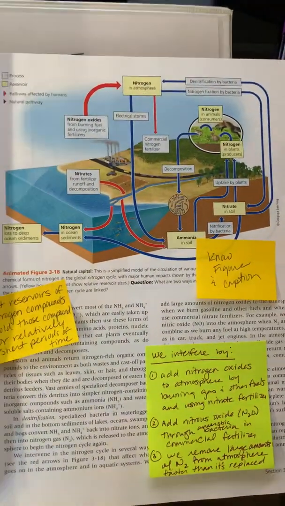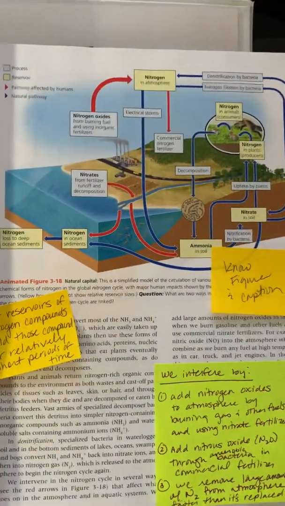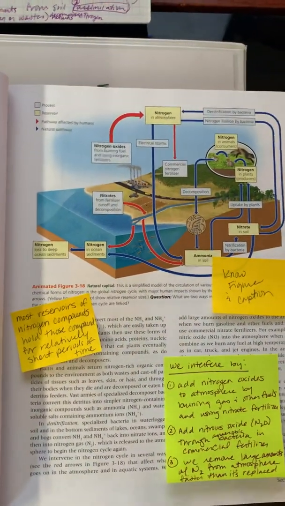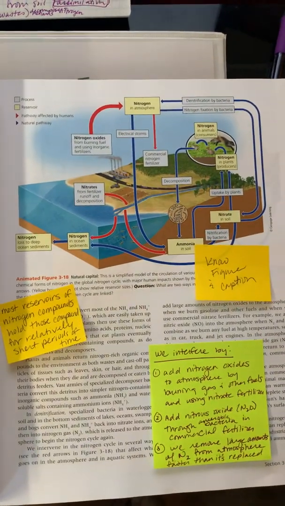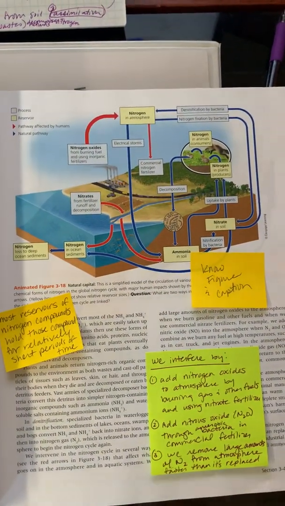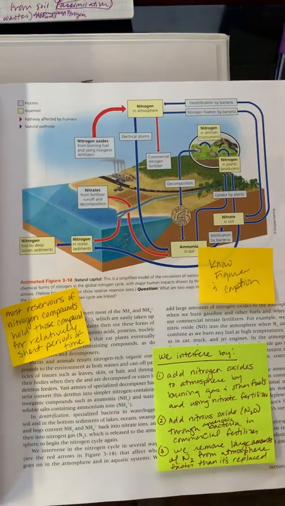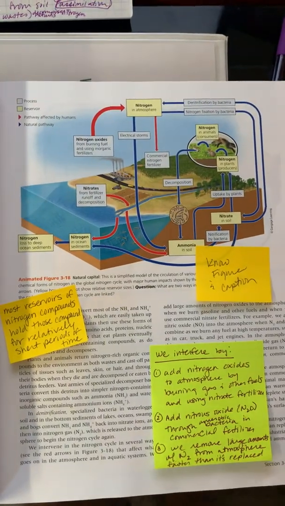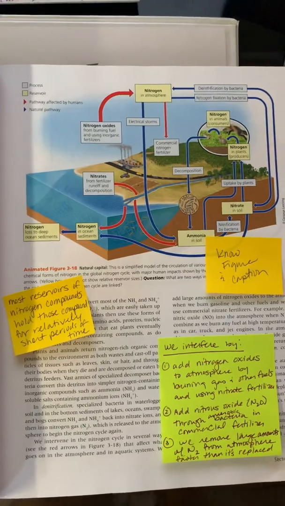Ammonia is toxic to a lot of organisms, so there are other bacteria that then take that ammonia, or that NH4, and change it through a process called nitrification into nitrite, with an I, nitrite, which is NO2 minus. And then there are some other bacteria that convert that nitrite into nitrate, which is NO3 minus.